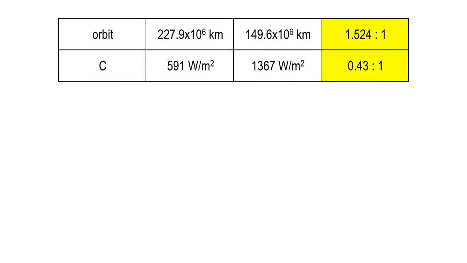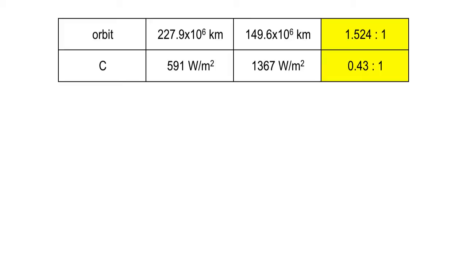Here are the same two rows of the table. These two numbers over here, I want to give you a little bit of an explanation about why they are the particular values they are. This column tells you that the semi-major axis of the Mars orbit is 1.524 astronomical units.